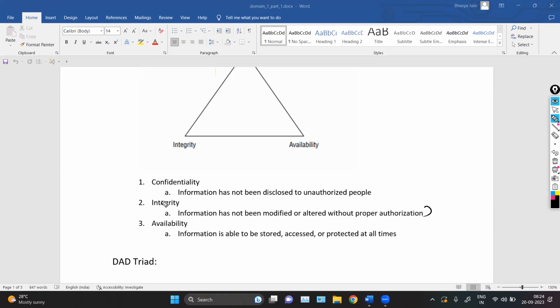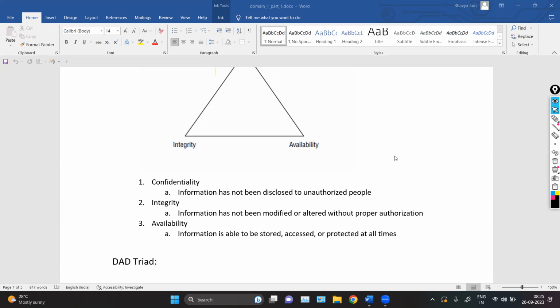And third is availability, which is that information is able to be stored, accessed, or protected at all times, all about your data being available, accessible by any authorized user at any given time without any delays. That is confidentiality, integrity, and availability. So these are the pillars of cybersecurity.